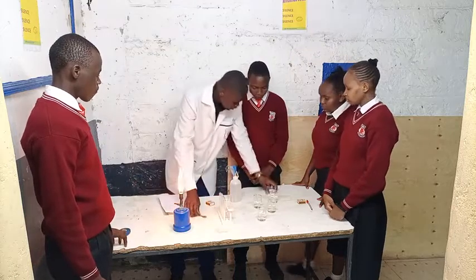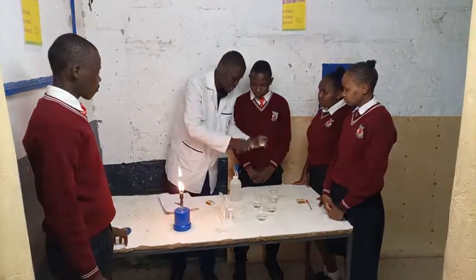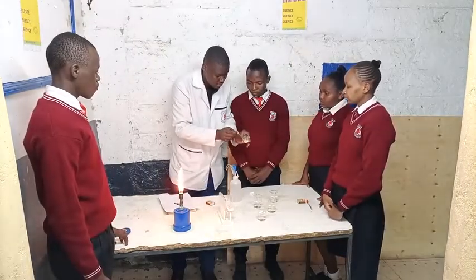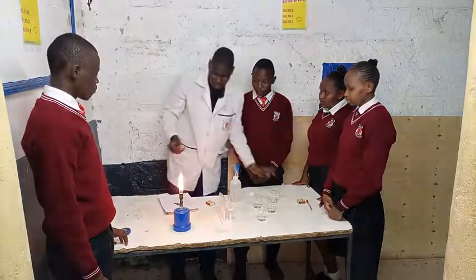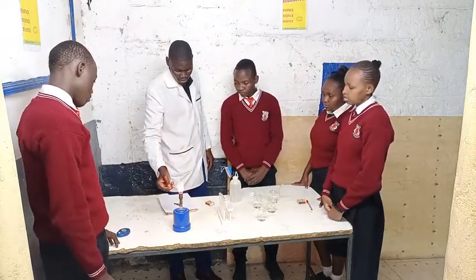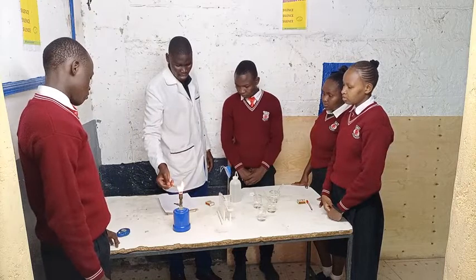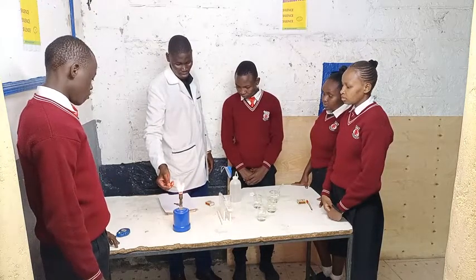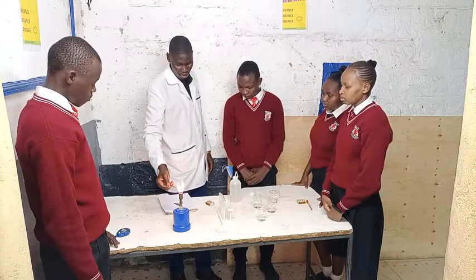We are going to heat the solid strongly for some time, as you watch the color change. We are interested in our observations, so kindly look at what you are seeing.